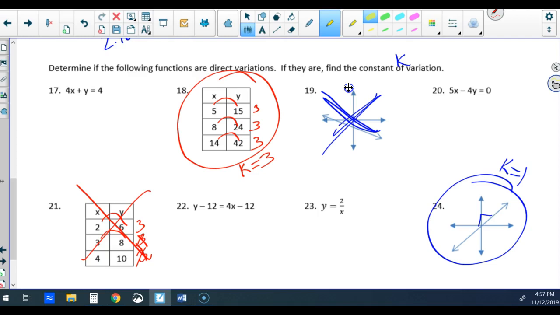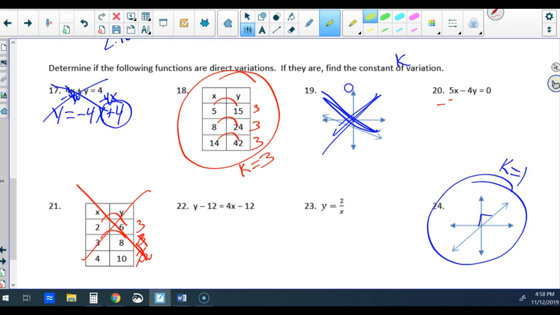Equations are probably the trickiest. They can be written as y equals kx. If I get y by itself, minus 4x to both sides, y equals negative 4x plus 4. That is not y equals kx because of the plus 4 at the end. Not a direct variation.